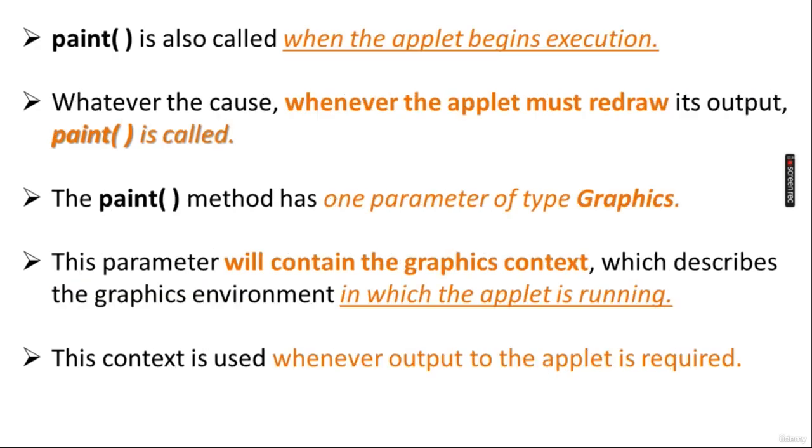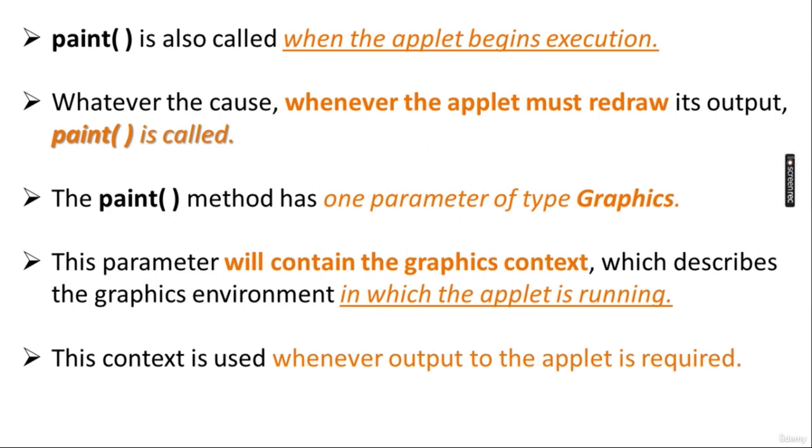Paint is also called when the applet begins execution the first time, so no matter whether the window is overwritten or not, paint will be called at least once. Whatever the cause, whenever the applet must redraw its output, paint will be called.